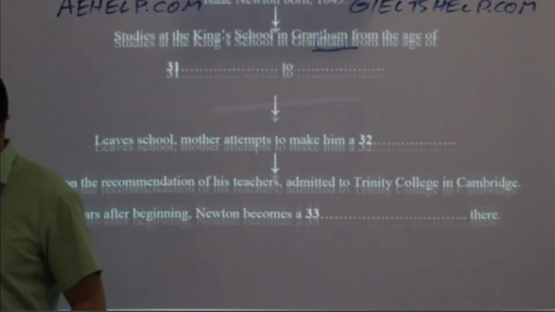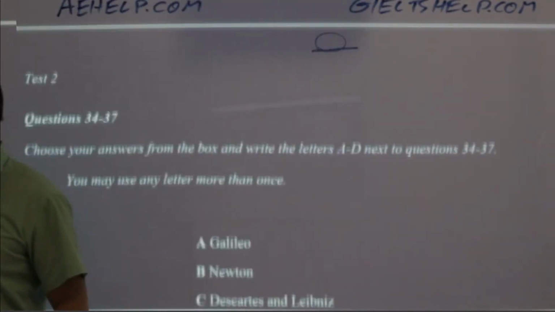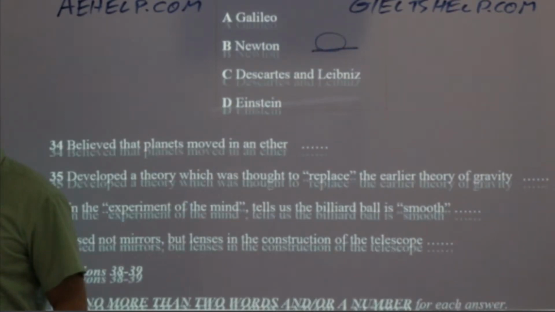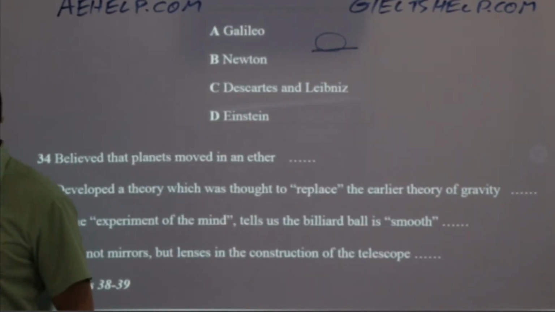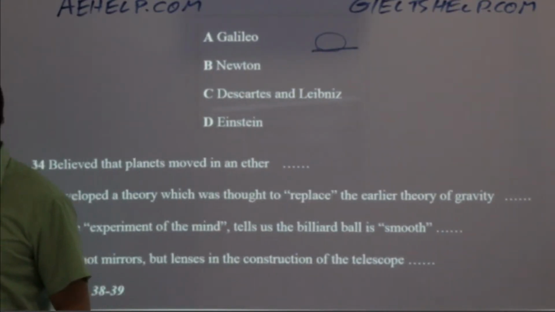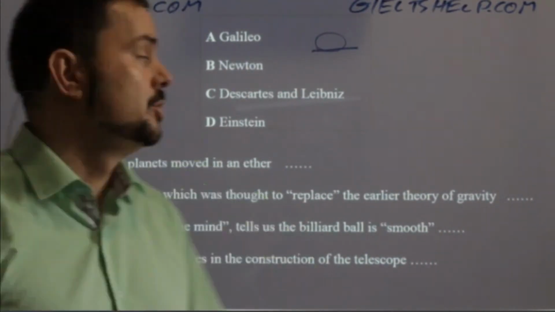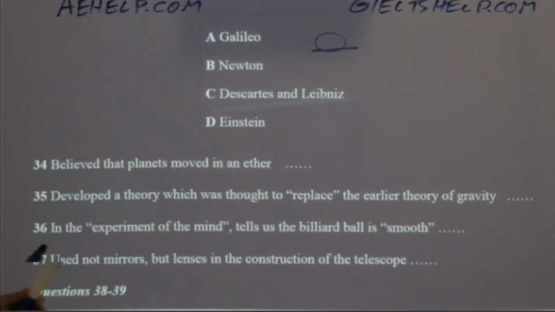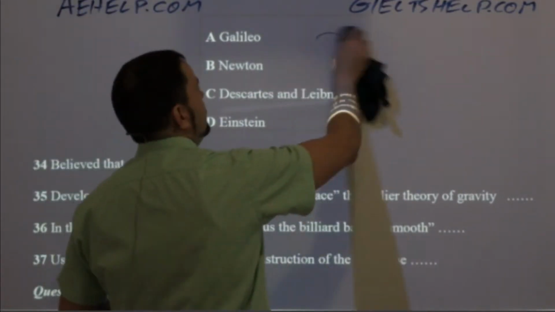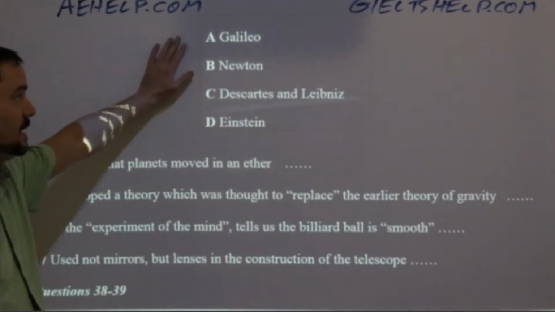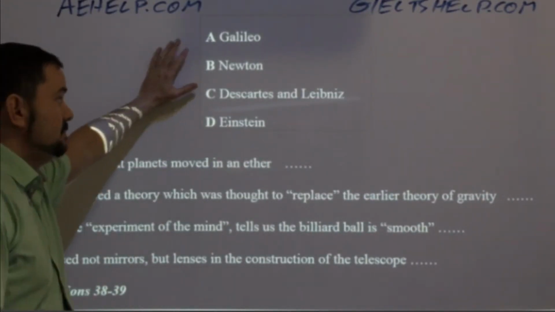Okay, so then we got into this interesting question here where you had to match the scientist with the correct information. So here you really had to pay attention to who's who and who's doing what, okay? Of course it helps to have some background information about these famous scientists and people in history.